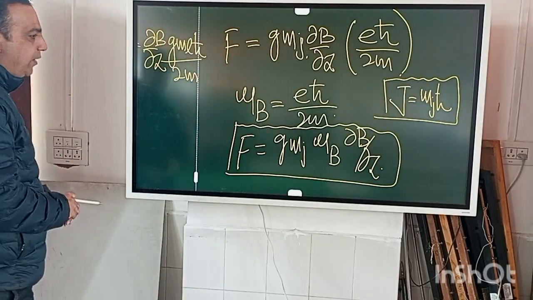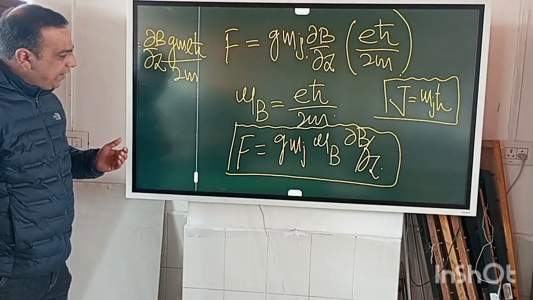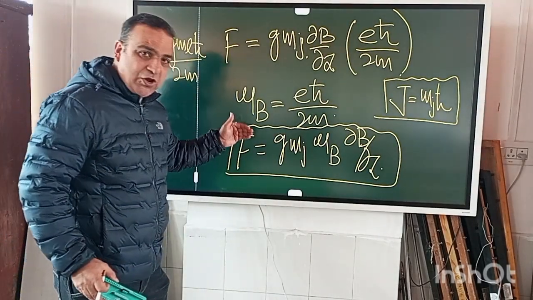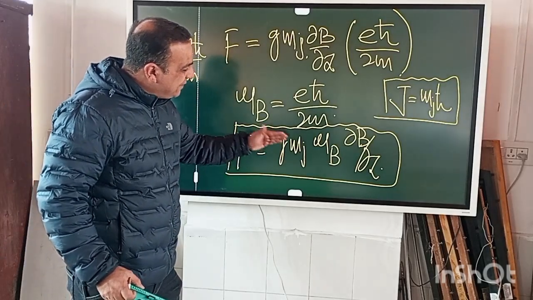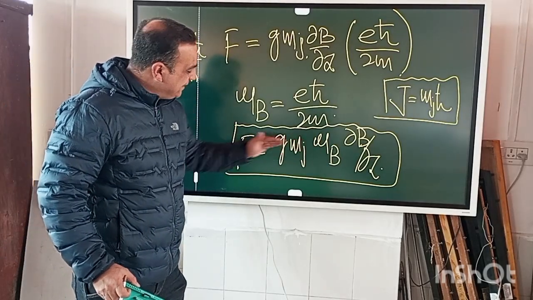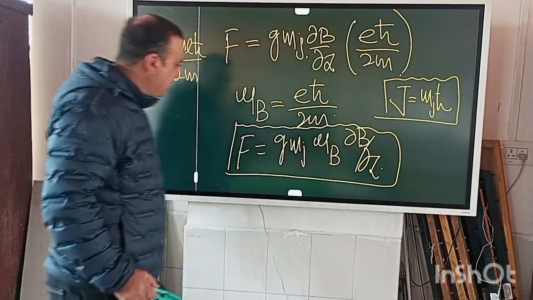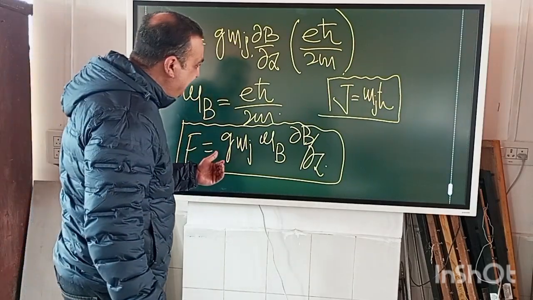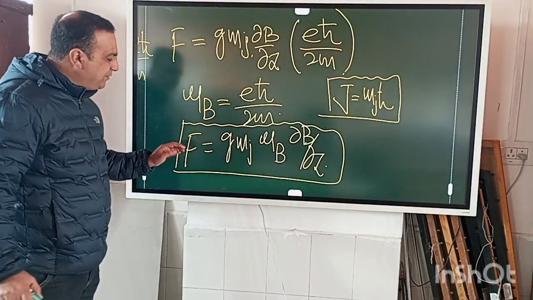Fine. So the point is, what we understand from this equation is that you have a dependence of force on some constants, and its dependence on the changing magnetic field. Can we predict anything from this equation?